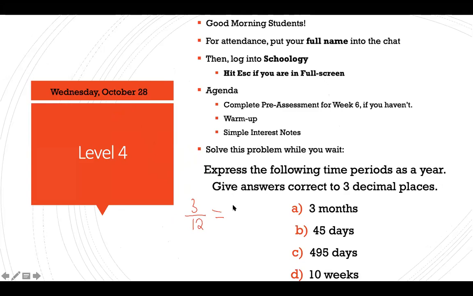Which we could reduce to 1 over 4. So we can have it as 1/4, that fraction, or we can turn 1/4 into a decimal, which would be 0.25. Okay, that's how we would represent that.